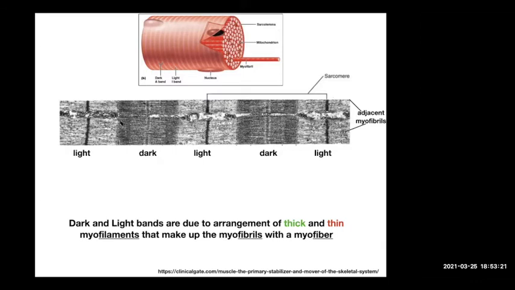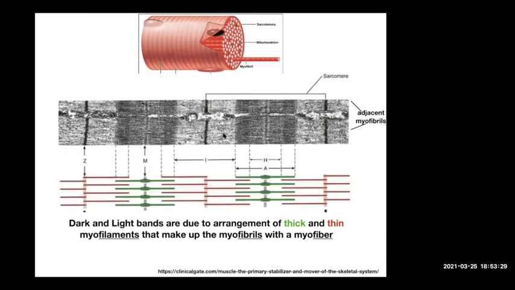This is what we're seeing when you look at a single muscle. They're all lined up together to form these dark and light bands. And what we'll be looking at is a more cartoon type figure where we're going to see the significance of those dark and light bands, because they're going to make up these red and green myofilaments that are going to be the actual contractile units.